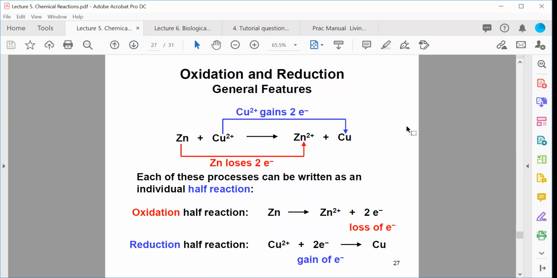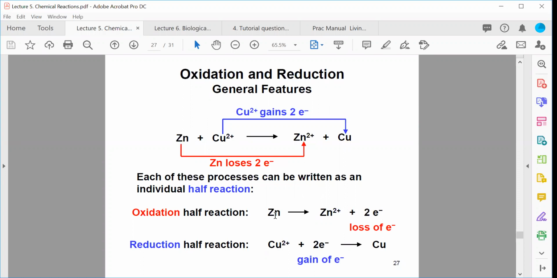All right, and each of these two processes, the oxidation and the reduction side of it, can be written as what's referred to as a half reaction, individual half reactions. So let's look at the oxidation half reaction and look at how we write that. The oxidation part of it is written as neutral zinc, which we can see up here, and because it loses 2 electrons, we write that loss of electrons here to the right side of the reaction arrow.